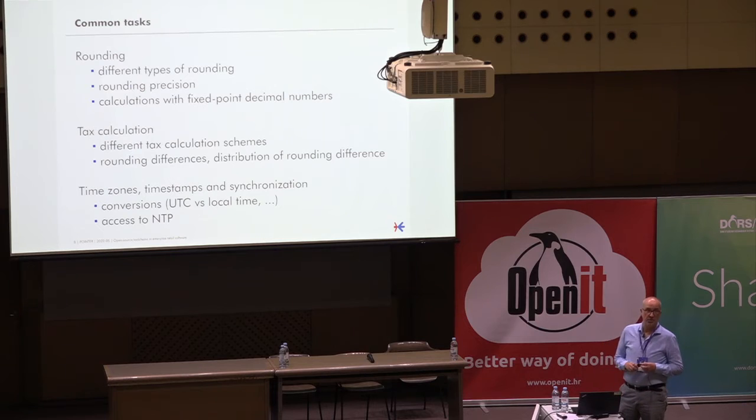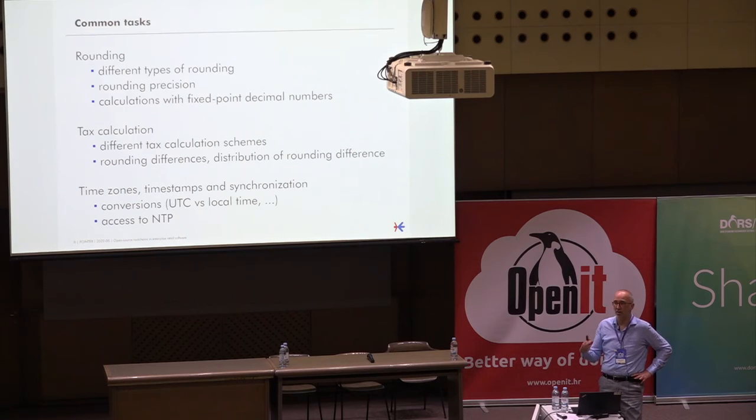Very common tasks in business operations: rounding, different types of rounding precision, calculations with fixed point decimal numbers. We struggle with tax calculations, all the things you as a customer normally don't see, we have to consider. The ubiquitous examples are always struggles with time zones, timestamps, time synchronization in general, because some regulations mandate this.